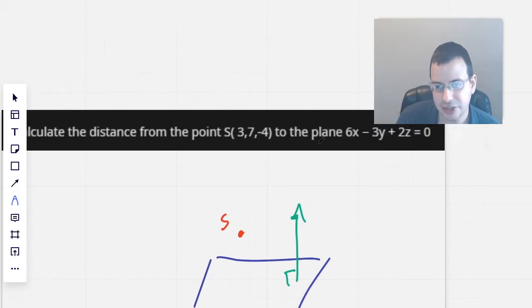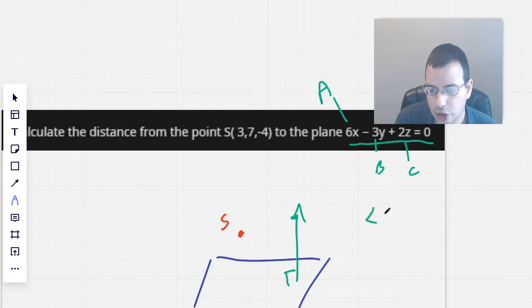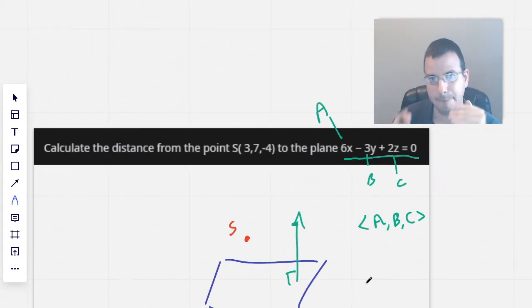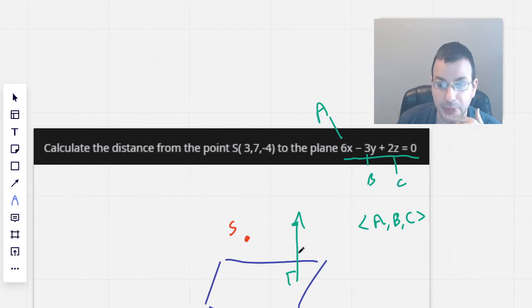The nice thing is when we have the plane written in this form, with coefficients A, B, and C, then a normal to the plane is going to be (A, B, C). And normal just means perpendicular.